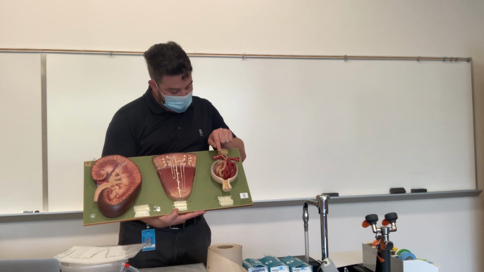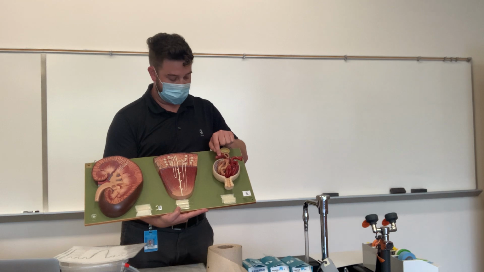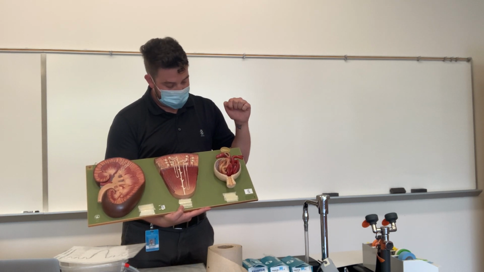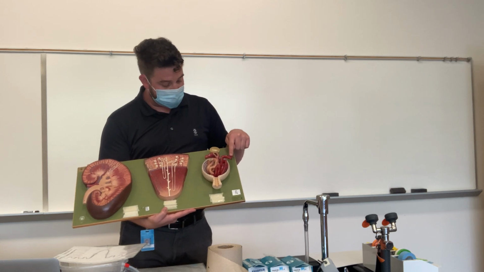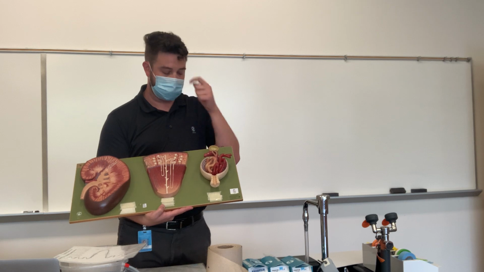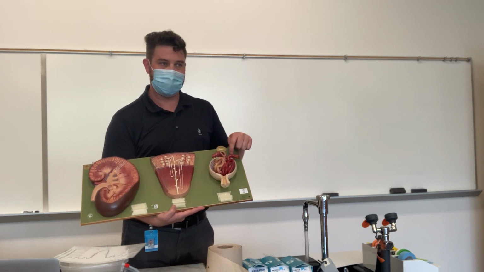So blood comes in through this afferent arteriole, that's what it's specifically called. It splits into your glomerular capillaries, and then it leaves the corpuscle through the efferent arteriole. So these are both arteries, afferent arriving, efferent exiting.